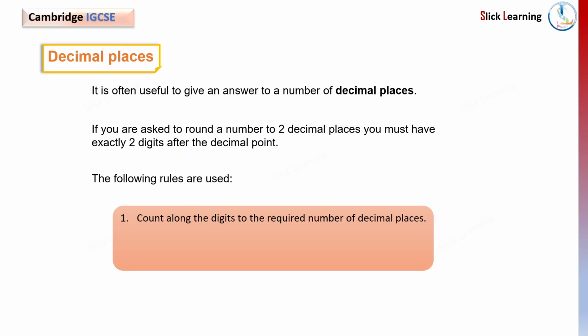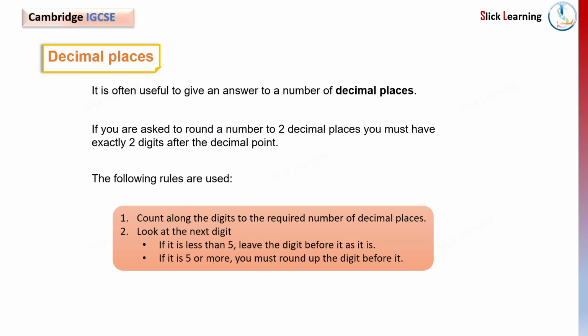The next one, after counting the number of digits, we are going to see what is the just next digit after the required number of digits. If the next digit is less than 5, then we will leave the digits before it as they are. We are not going to make any changes.